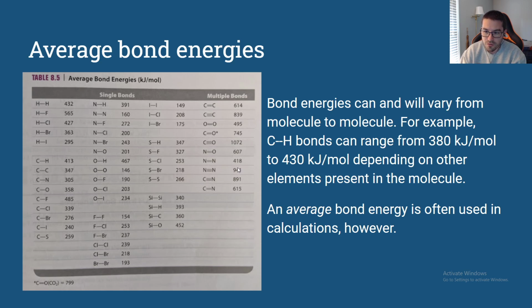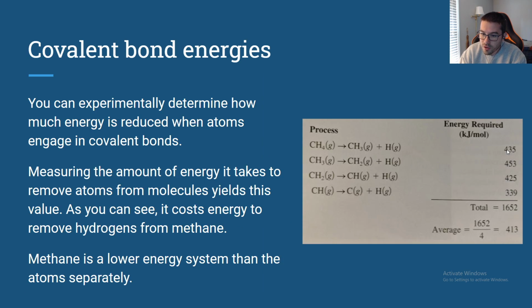So specific bond energies will vary from molecule to molecule. You'll see here how these bond energies are actually wildly different. I mean, look at this one. Just taking one carbon-hydrogen bond apart doesn't cost you as much compared to, say, when there are 3 hydrogens connected to a carbon and you take one of them off. It costs you a lot more energy to do that than it does that.